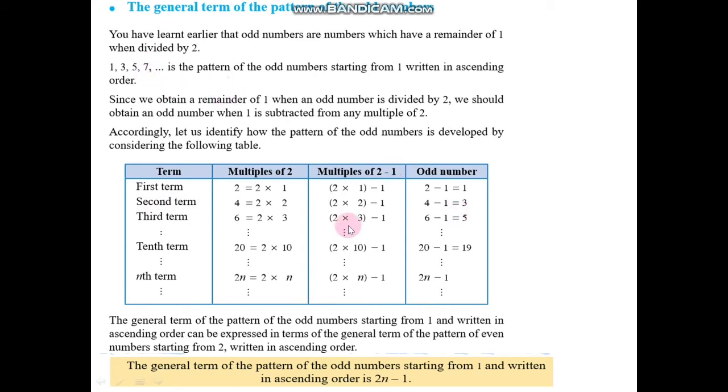How have we obtained the 3? The multiple of 2 is 4, and 4 minus 1 gives 3. So the general term of this pattern of odd numbers starting from 1 and written in ascending order is 2n minus 1. Keep this in your mind.